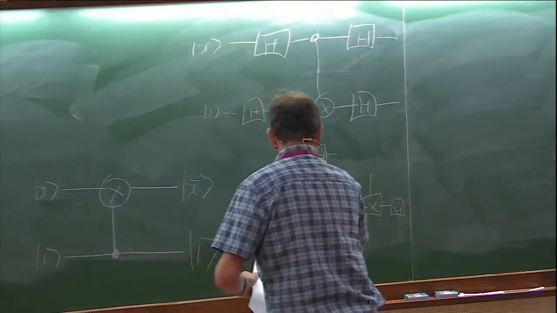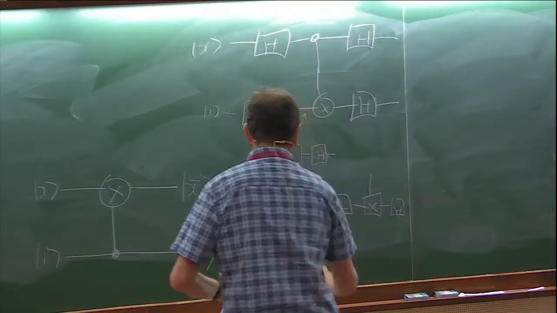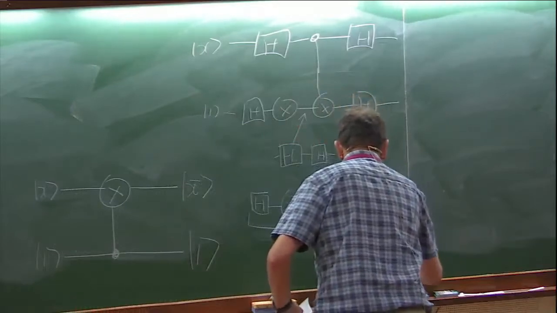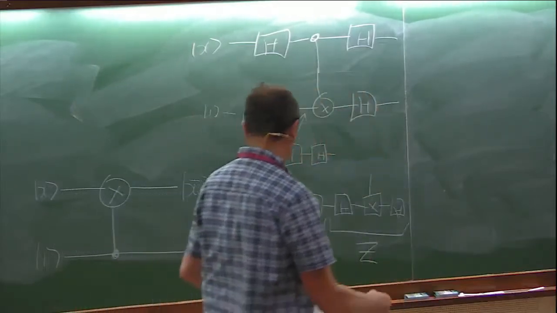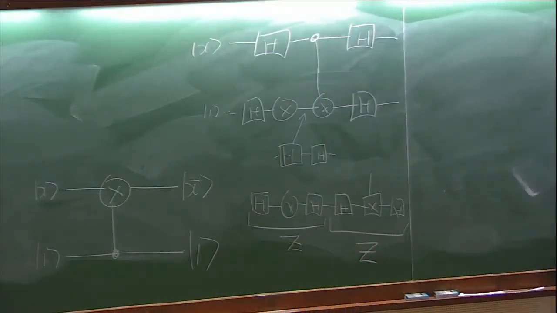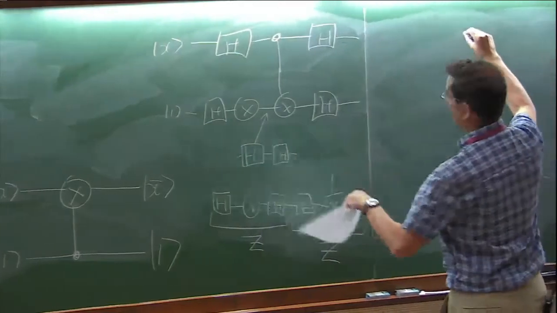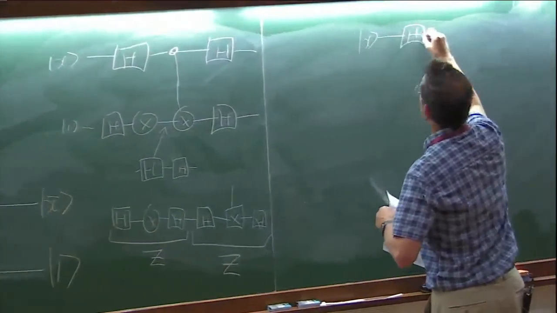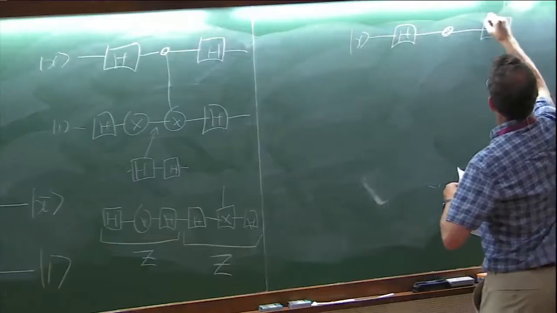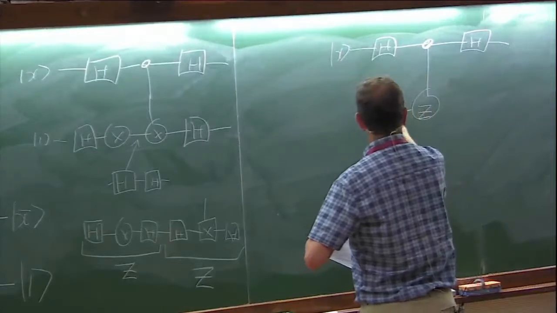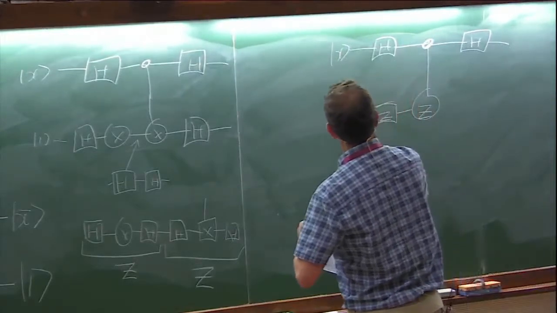So h x h is just z. And this h x h is also just z. So this is equivalent to, so we go to this stage here, x we have h, h, and now this is a z, and we have another z here, and this is 1.